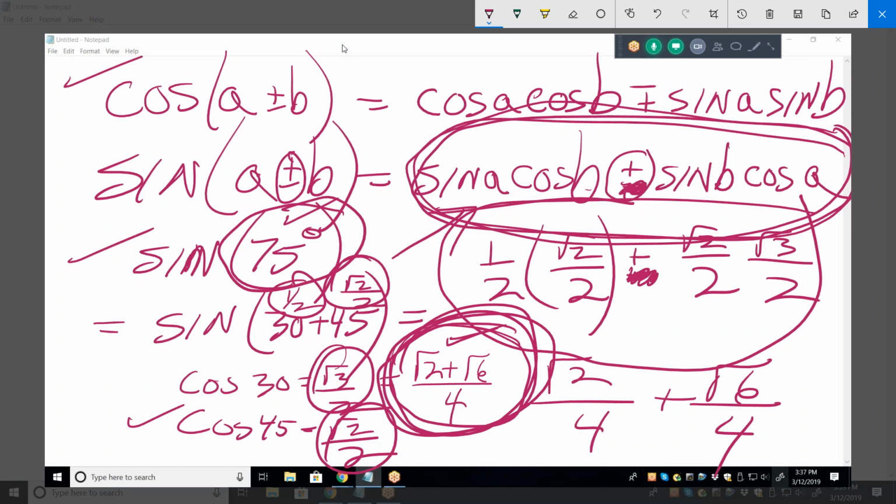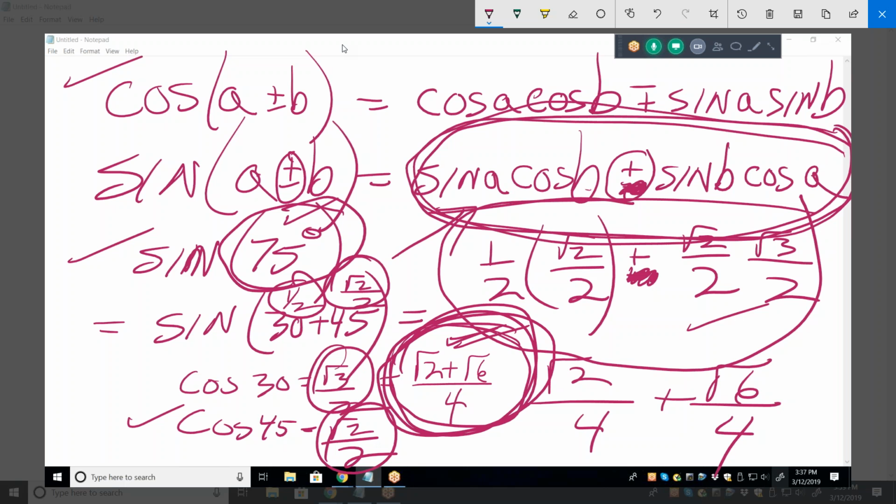Yeah, and I mentioned that oddly enough, this is a very common answer, root 2 plus root 6. And the reason being is that the cosine is root 3 over 2, and the sine is root 2 over 2. So when you multiply those together, you get root 6 over 4.